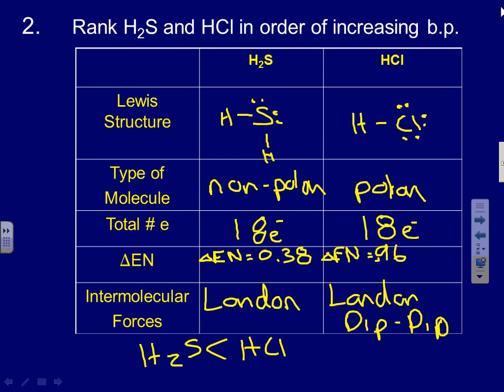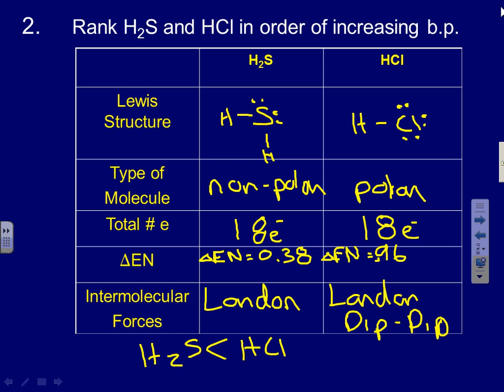This example is exactly the same as the example we just did, but last year when I did it, because I used 0.2, I would have told you to use this as the higher boiling point because of the greater delta EN. So if you've got two of them that are dipole-dipole, use the greater delta EN. Now that's a simplistic representation because it's actually two dipoles being added together in this molecule with only one dipole in this molecule.